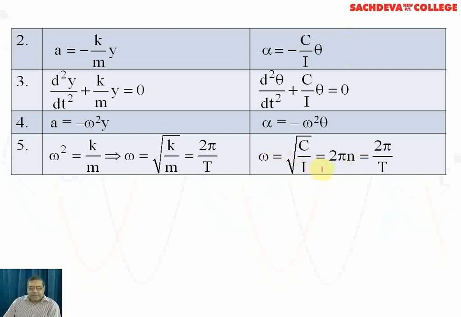So we have taken the second order differential equation, that is, d square theta over dt square plus C over I into theta equals 0. Omega is calculated as under root C over I, and omega is 2 pi n, or 2 pi by T. We can find both the values.